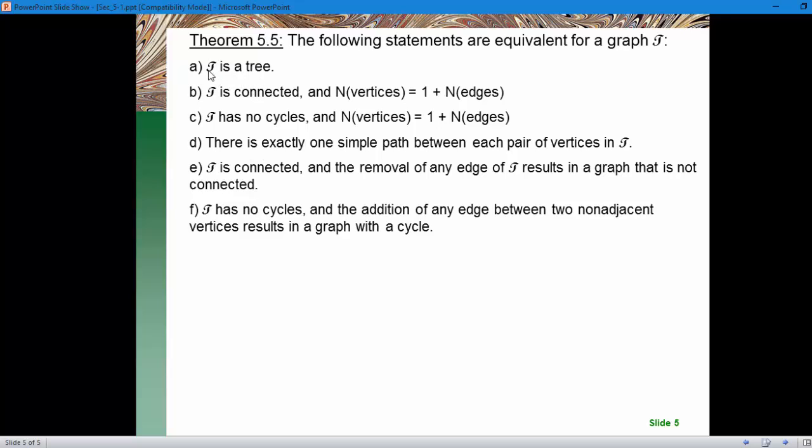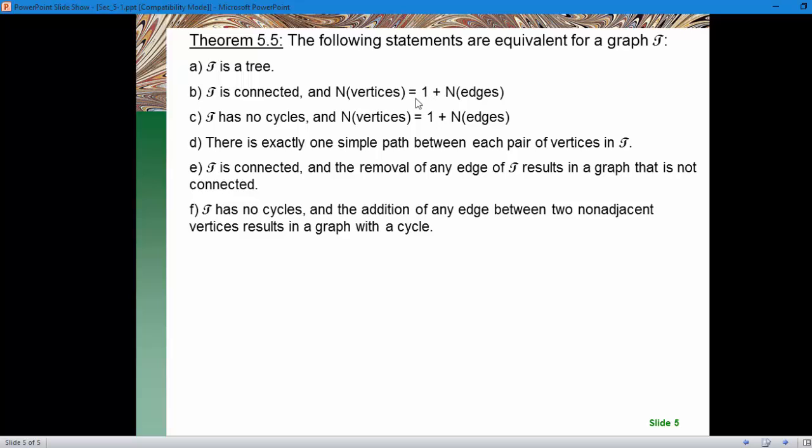In other words, let's take, for example, statements A and B. If a graph T is a tree, then that means that the graph is connected and the number of vertices is 1 plus the number of edges. Kind of similar to theorem 5.3 that we saw before, that says that if we have n vertices, then there are n minus 1 edges.